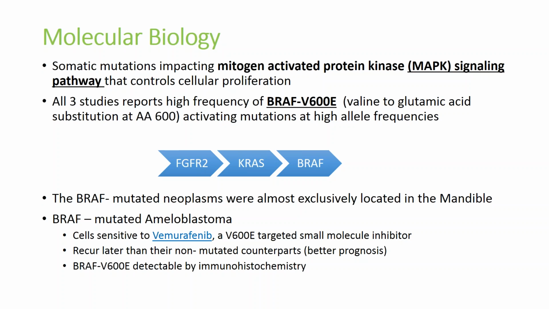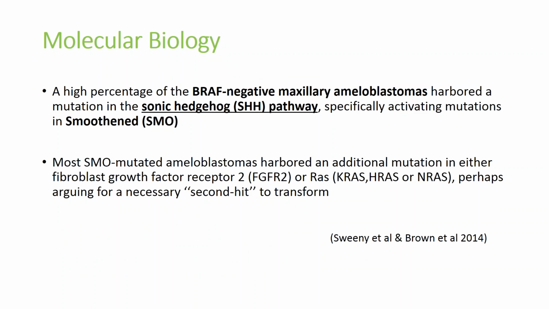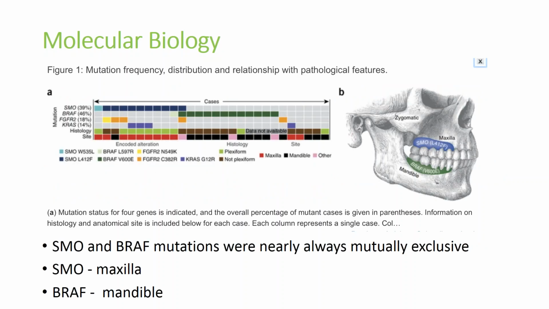It has also been used for Gorlin's and OKCs, and also in some limited ameloblastoma. The other group is the SMO, or smoothened. And it's been seen that the maxilla generally favors SMO, and the mandible BRAF V600E. They're usually mutually exclusive, but this is definitely something new in a category of a disease that we thought we knew all about for a very long time.